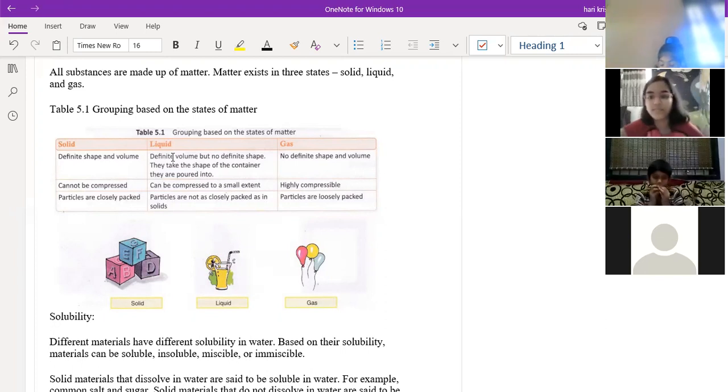But what you took is an amorphous solid, which is not completely a true solid. Semi-solid, okay. It is very soft in nature. That is another classification you have done, right? You have other classification also.